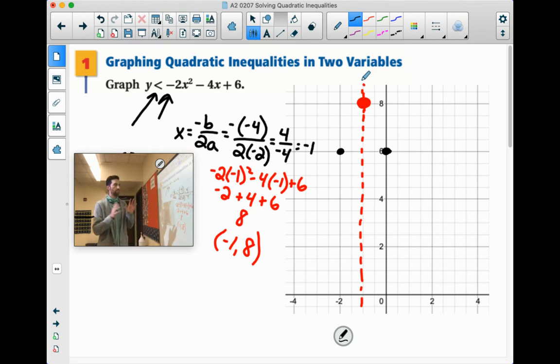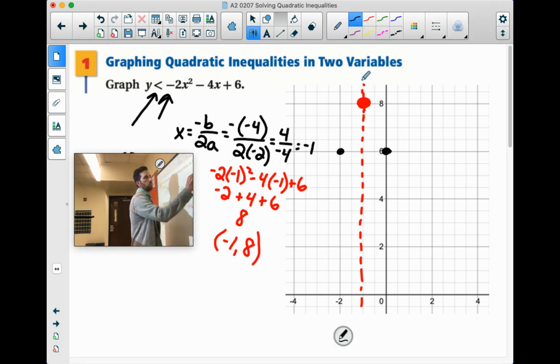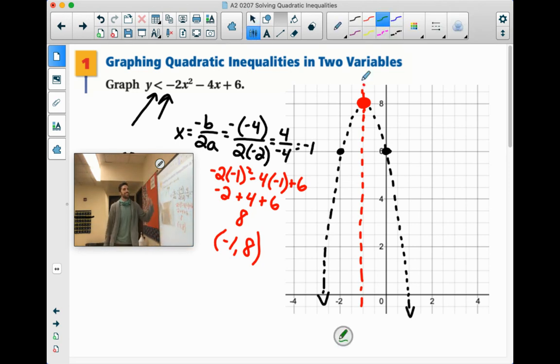So we can kind of draw our dashed line here. Don't get that confused with our axis of symmetry here. And then it said less than. That means shade underneath it. So underneath the parabola would be all of these points here.